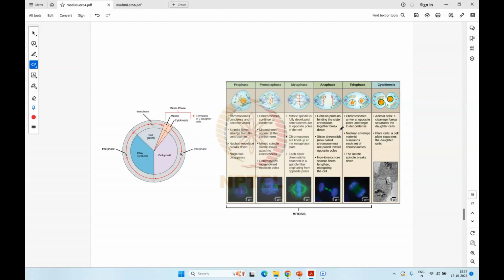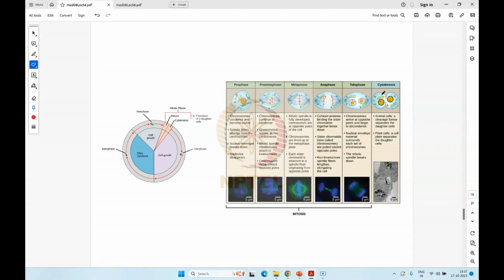Then during the telophase, the chromosomes which have arrived at the opposite sides of the cell are going to condense again to form what was before, and there is the nuclear envelope reassembling. The organelles will start to reassemble during cytokinesis.